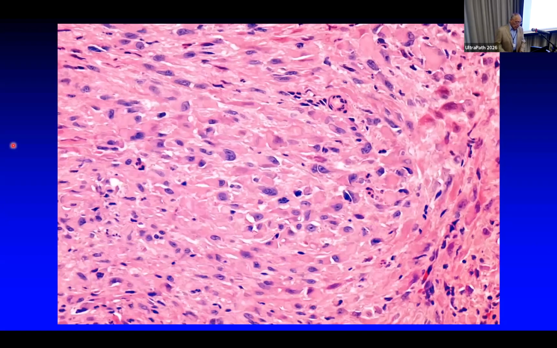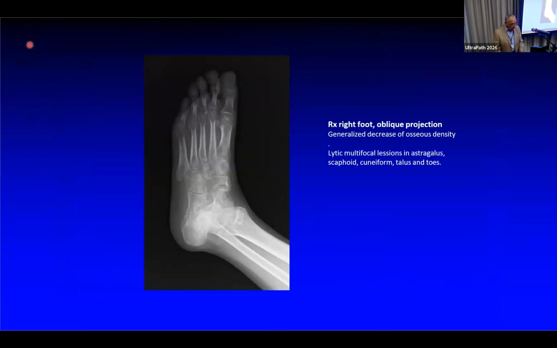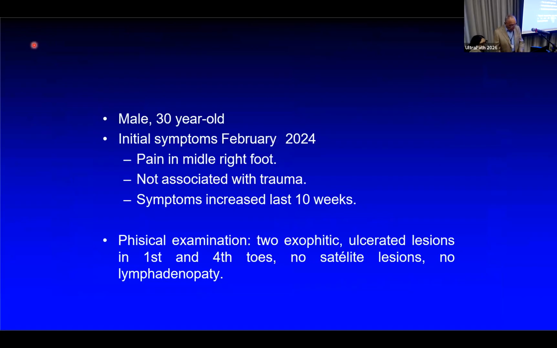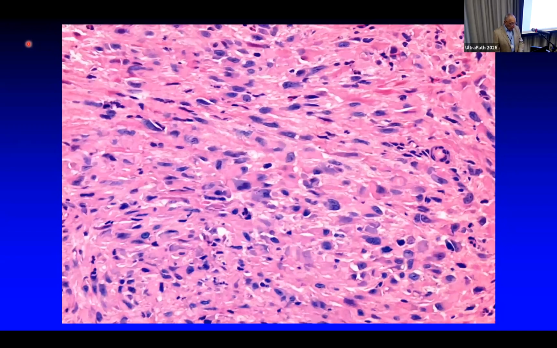And this is the histology. The histology is of a rhabdoid lesion. The cells are large with ample cytoplasm and have a rhabdoid appearance. Another one, the same appearance.